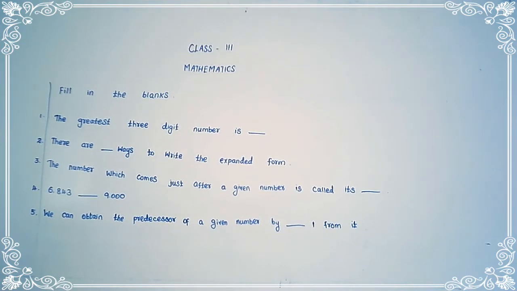Second one, there are dash ways to write the expanded form. Third one, the number which comes just after a given number is called its dash. Fourth one, we have to fill greater than, less than, or equal to: 6843, 9000, which is greater, you find and use the symbol to write. Fifth one, we can obtain the predecessor of a given number by dash 1 from it.